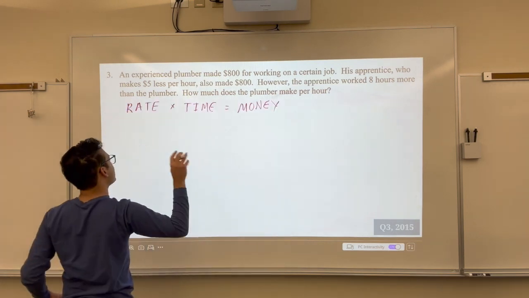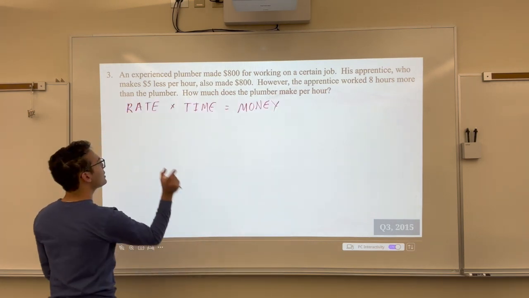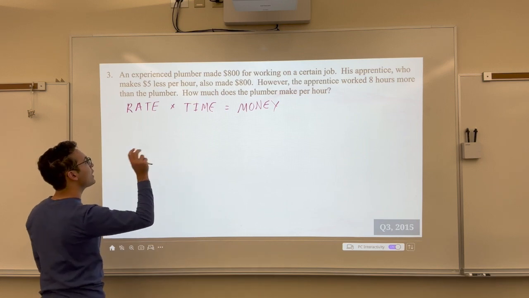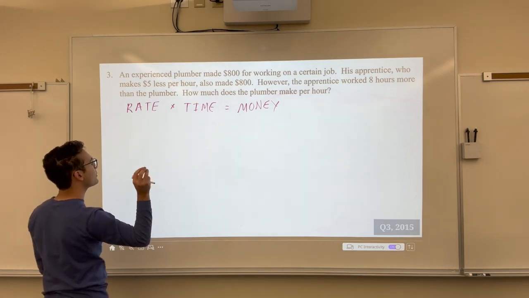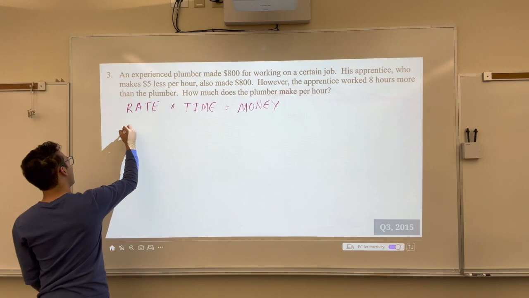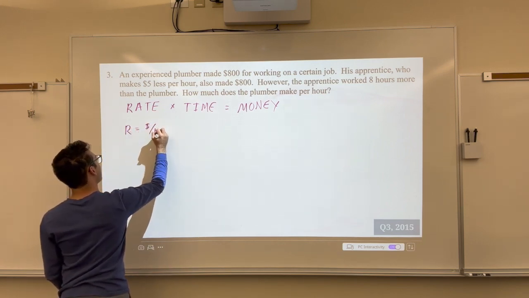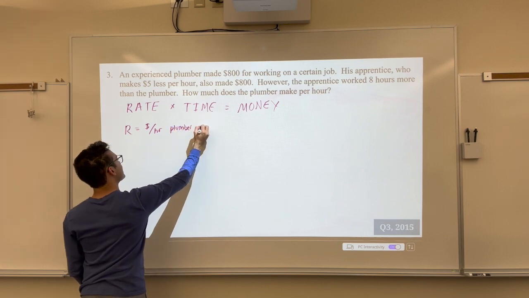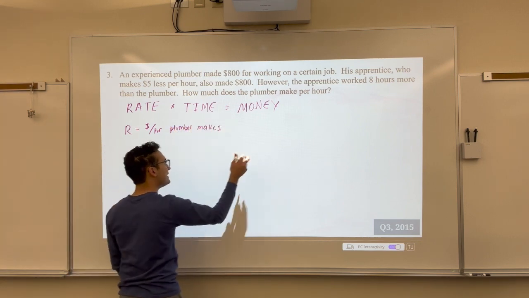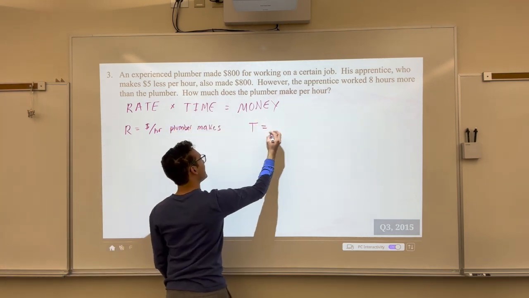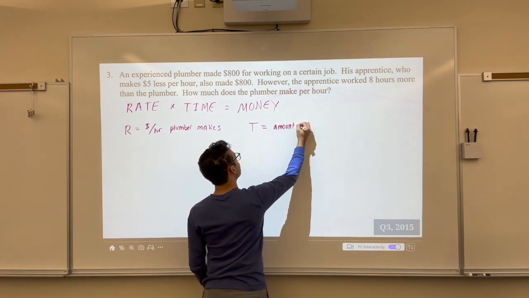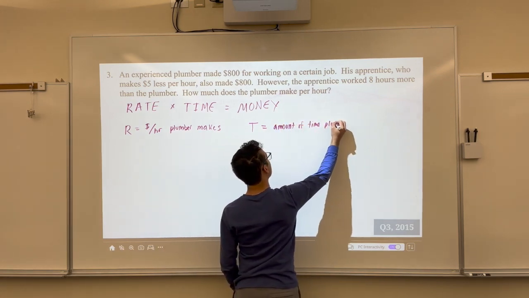So now we have to define some variables. We are solving for the plumber's hourly wage, so we're going to represent that as a rate, which is R. So R is equal to money per hour the plumber makes. Then we are going to write T as the amount of time the plumber works.